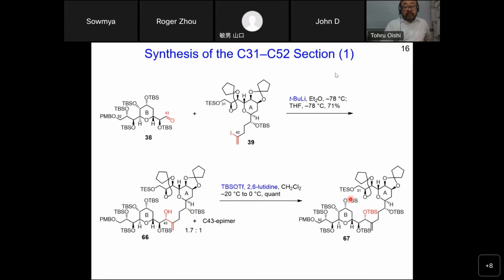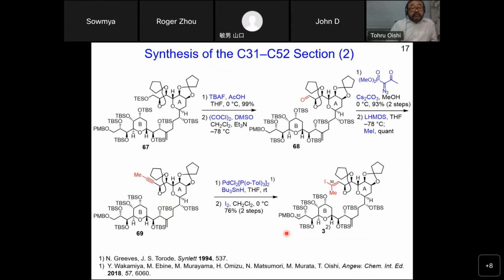Then the coupling reaction was carried out. The iodoolefin was treated with tert-butyllithium to generate the alkyl lithium, which was treated with aldehyde to give the coupling product in 71% yield as a mixture of diastereomers at C43 in a 1.7 to 1 ratio, which was protected as TBS ether.